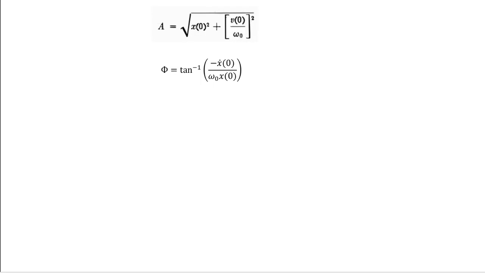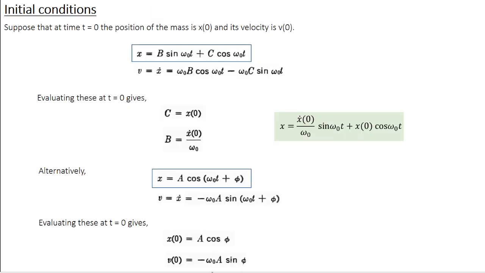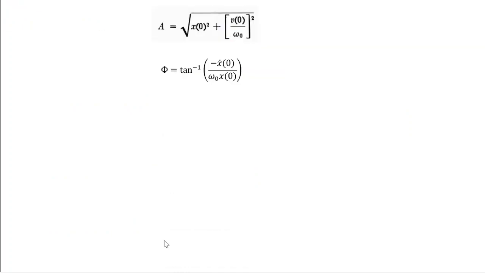Similarly, when you divide these two equations, you get tan phi equal to v of 0 divided by minus omega naught by x of 0, or phi equal to tan inverse of minus x dot 0 divided by omega naught into x of 0.